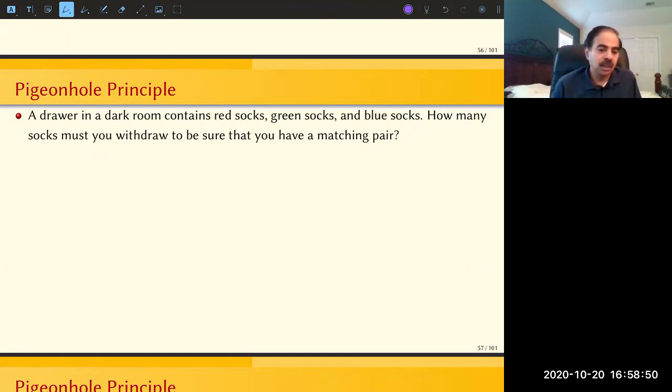So how many do you need to withdraw in order to get a matching pair? Anybody want to try this? Let's see if we have another person who wants to try.